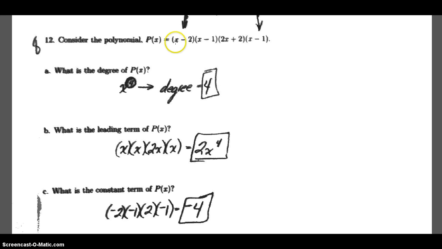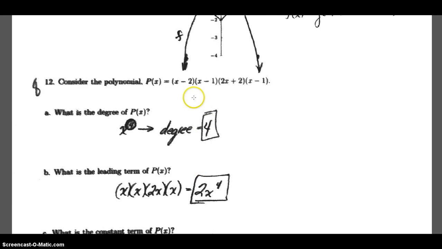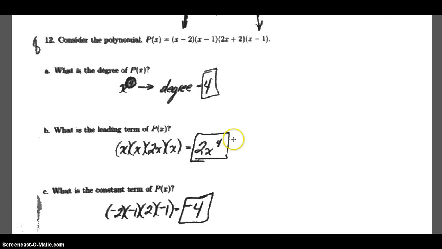The leading term, we just multiply all the different x terms, and we get 2x to the 4th, so that's going to be our leading term. And constant term, we're just multiplying all these constants, the -2, the -1, the +2, and the -1, and that'll end up with -4.